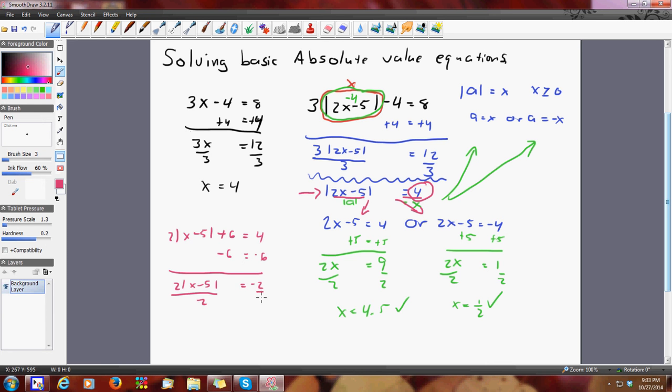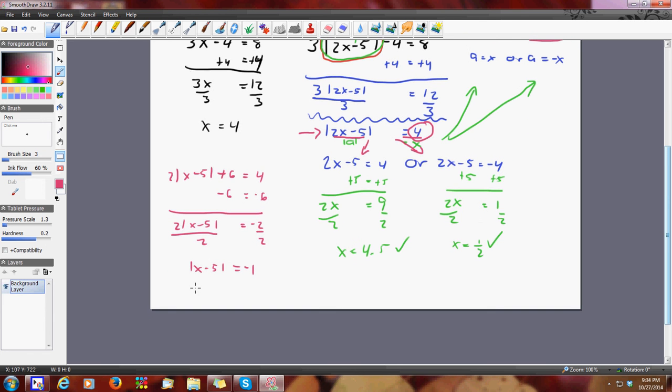Divide by 2. And now I have the absolute value of x minus 5 equals negative 1. Well, remember, the absolute value has to be equal to a number that is greater than or equal to 0. So if you try to solve this, you're going to get x minus 5 equals negative 1, or x minus 5 equals a positive 1. You get x equals 4, or x equals 6.